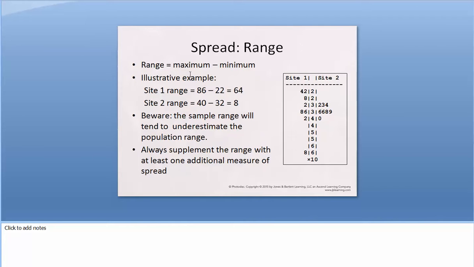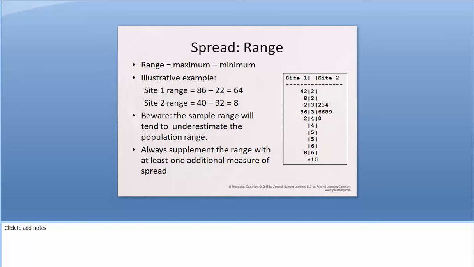So actually now if you were to calculate, site 1 range is 64 as we saw, and site 2 range is 88. Such a big difference. And also, this range is not very good because typically we will calculate the sample range, and the sample range, you can sort of guess, is going to underestimate the population range because you will just take a bunch of numbers for the sample, but the population could have lots of numbers way out on either side.